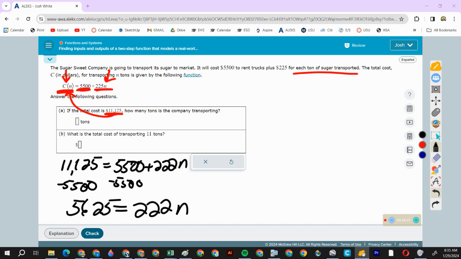So now we divide by 225. Thank you. So divided by 225 is 25. So if this is the total cost, then that's how many tons the company is transporting.